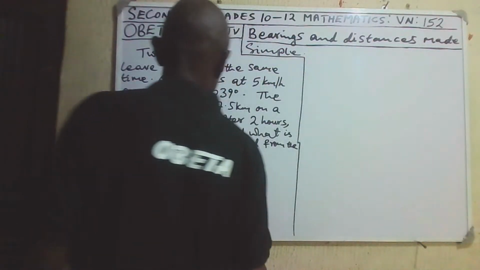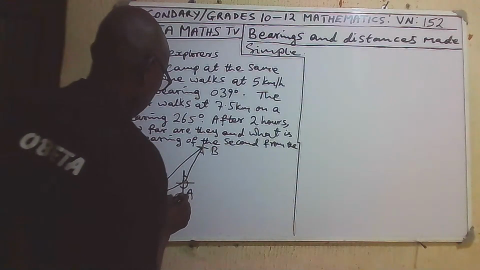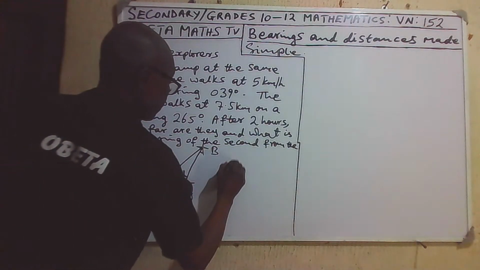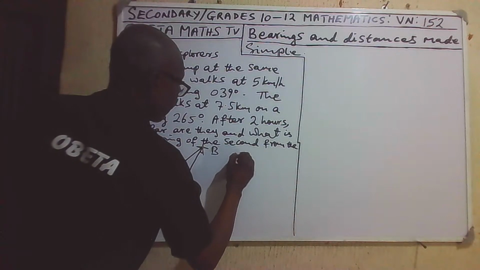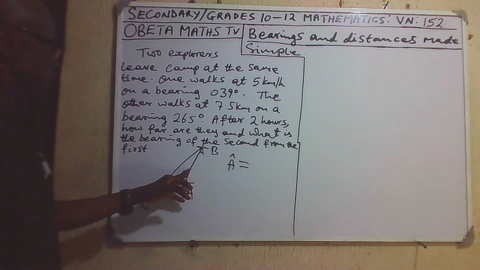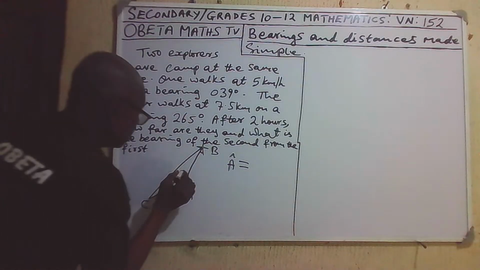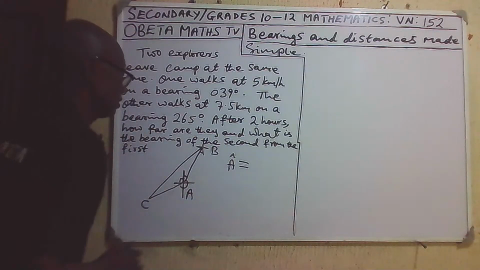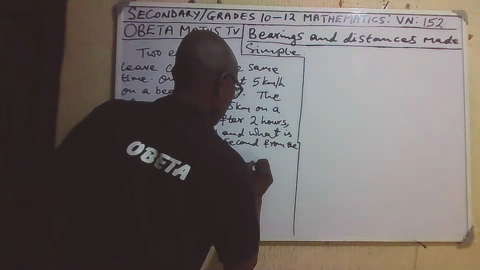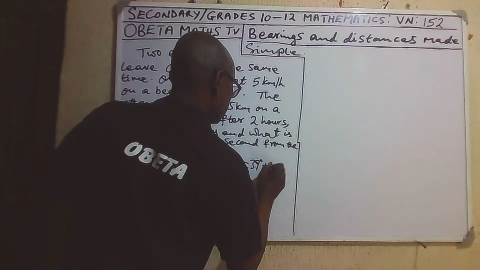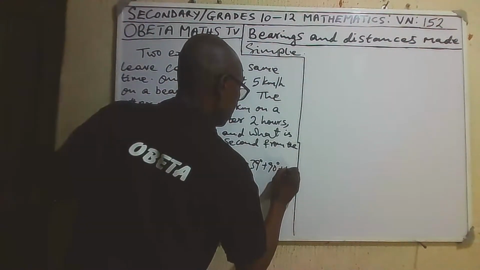Okay. So, for us to know angle A: 39 is here, this is 90, and this is 5 degrees. So angle A should be 39 plus 90 plus 5.